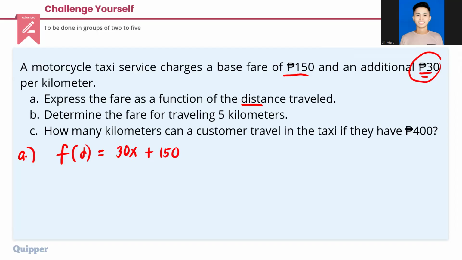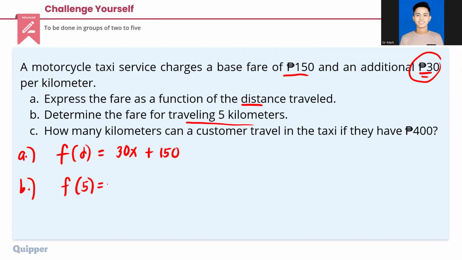right? Just like the examples before in the previous lessons. So whenever we add kilometers, there's an additional 30 per kilometer. So this is for letter A. This is the function for the fare. For letter B, what if the traveling distance is 5 kilometers? That means the distance is 5.